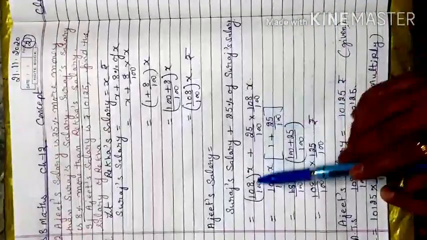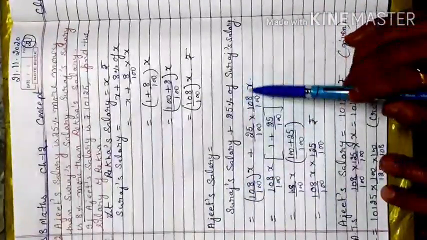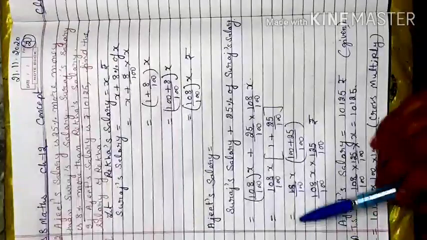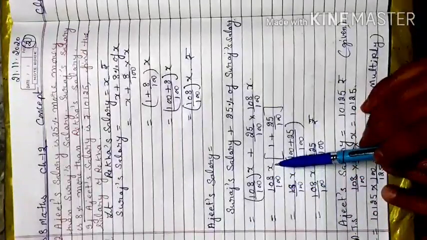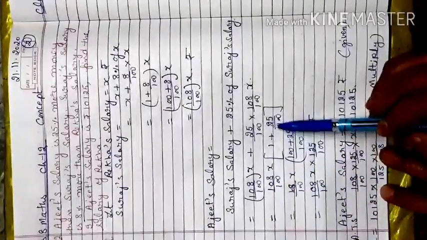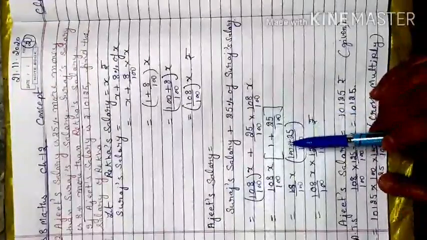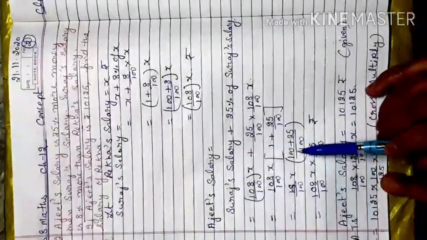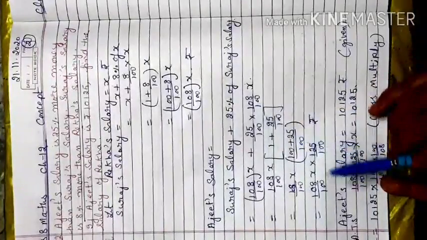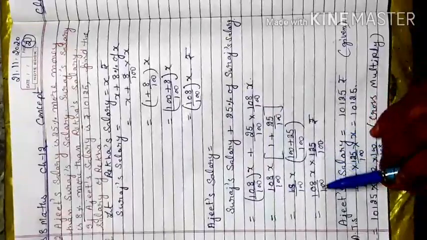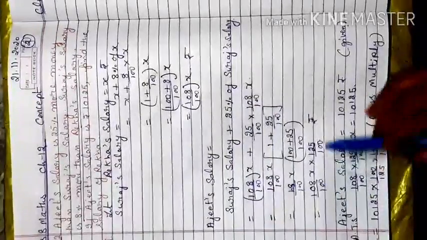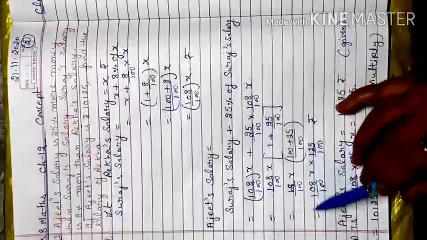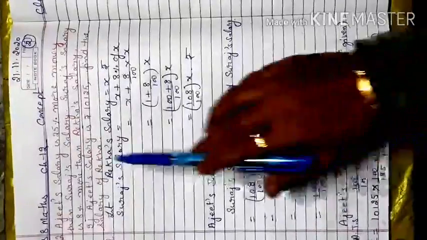Here this term and this term are common, so when you take it common, what is left is 108 by 100 x into 1 plus 25 by 100. Now after taking the LCM, 100 plus 25 by 100 gives 125 by 100, multiplied by 108 by 100 x. So that is Ajit's salary according to the statement.